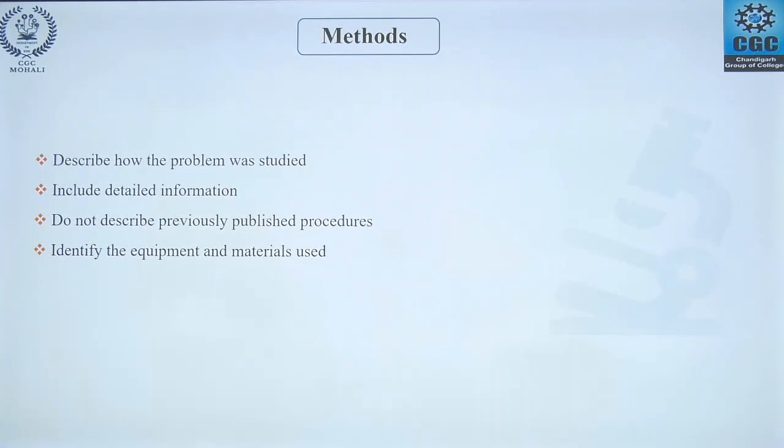Now the methods section describes how you studied the problem. It is important to be detailed. A knowledgeable reader should be able to reproduce the experiment. Any previously published procedures should not be rewritten in detail. Those can be noted in the references, or you can describe them in the supporting materials section.